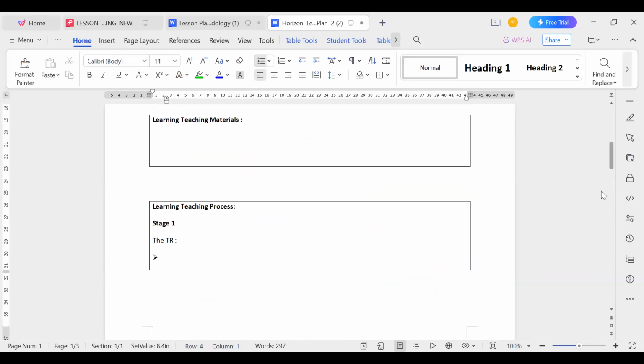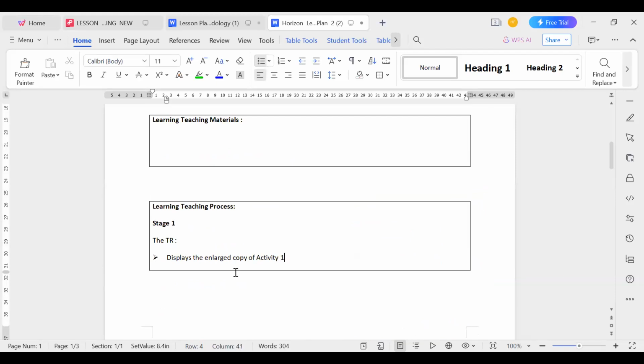So what is the first step? The teacher displays the enlarged copy of activity 1.